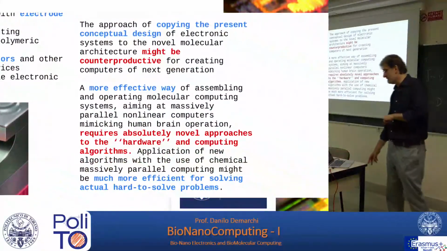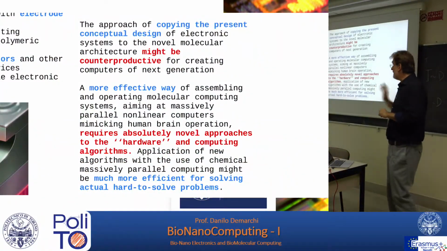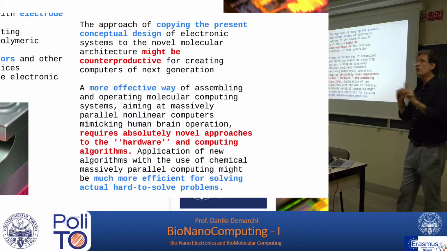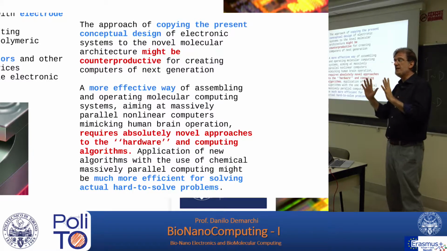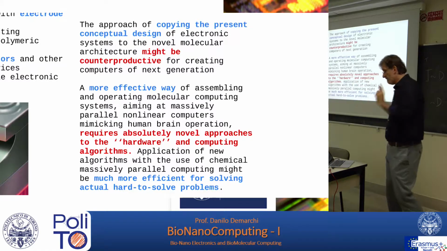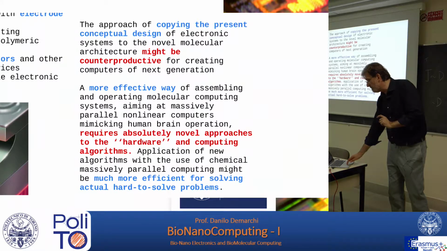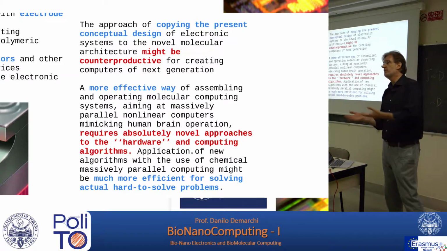Of course, as I already mentioned, because I'm really convinced of this, that is not the way of copying and replicating things. The idea is to find novel approaches to the hardware and computing power, taking inspiration from nature and from this system.